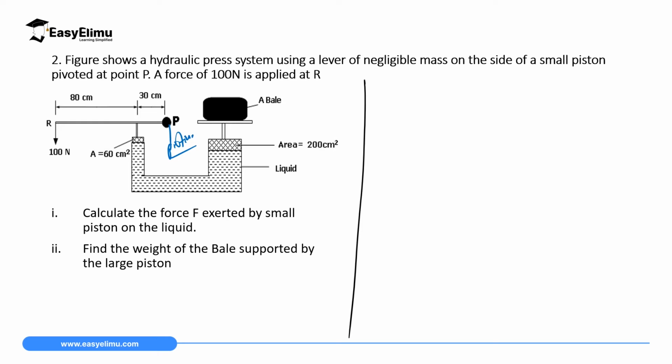And then a force of 100 Newton is applied at point R. We have point R here, and we have, let's call it F1, which is applied at that point R.